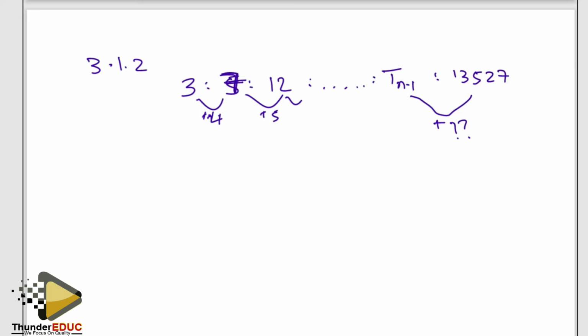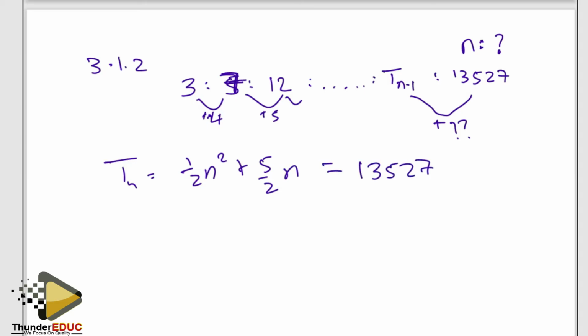The first approach is for us to get the position of this 13527. For me to get that, I'll apply my Tn, where we said it's a half n squared plus 5 over 2 n. Then I'm going to equate it to 13527.